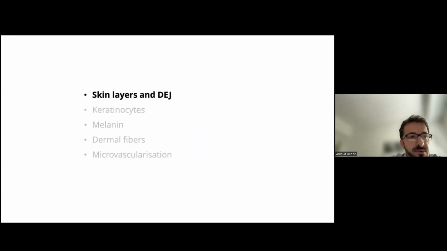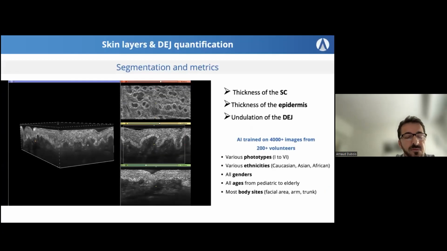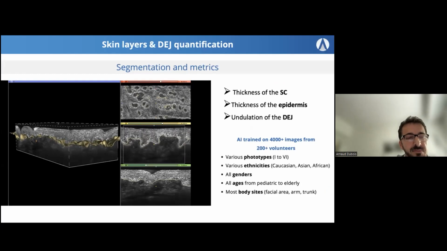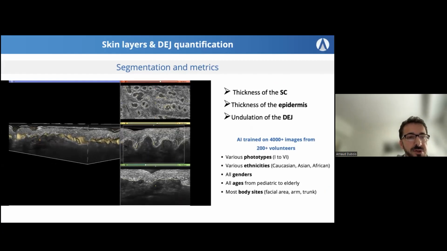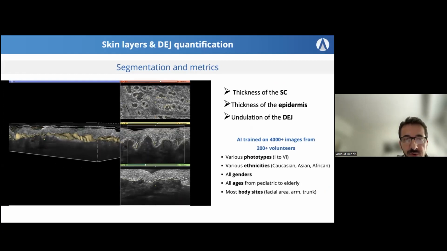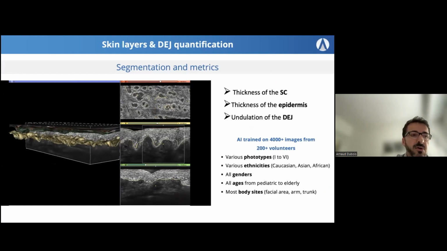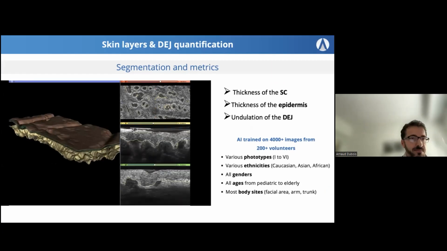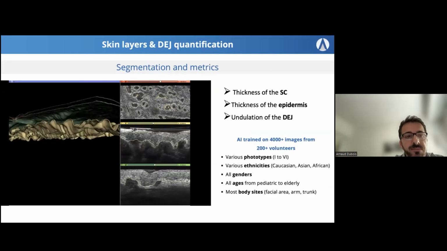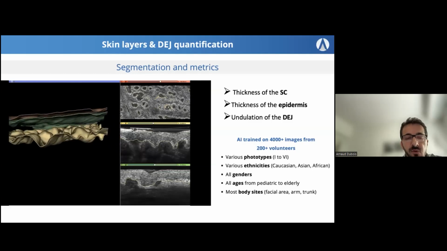Let's start with skin layers and dermal-epidermal junction. From 3D images, skin layers can be segmented to measure the thickness of the stratum corneum and the thickness of the epidermis. The undulation of the dermal-epidermal junction can also be measured.